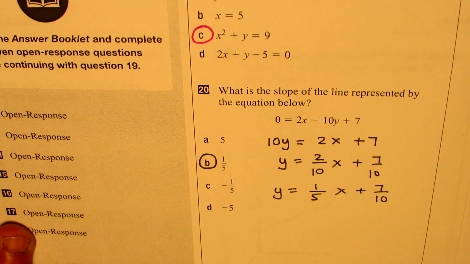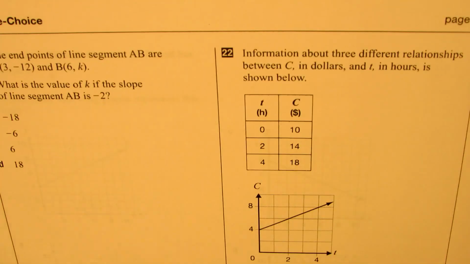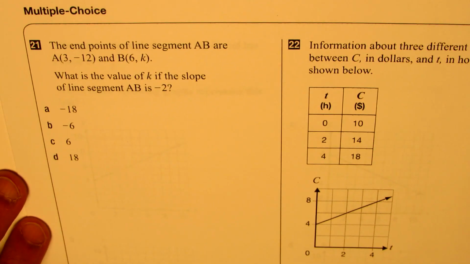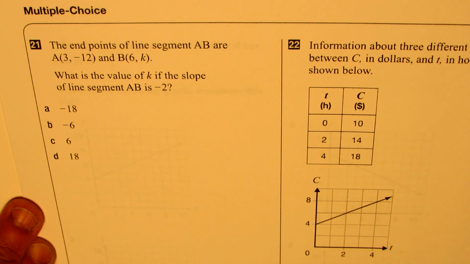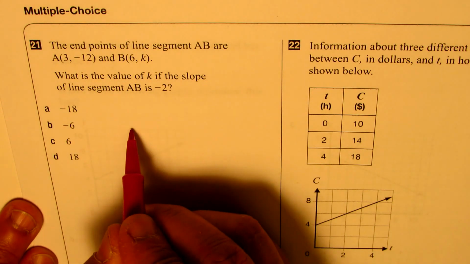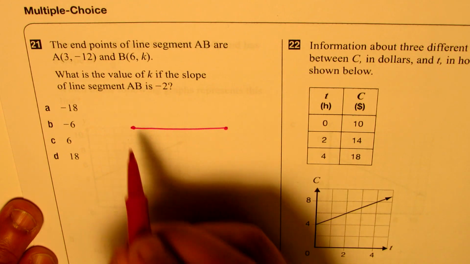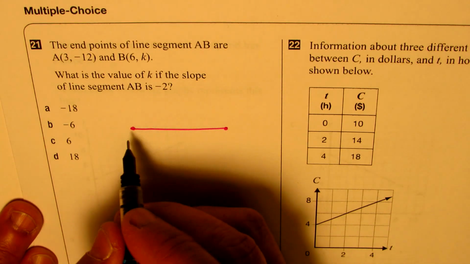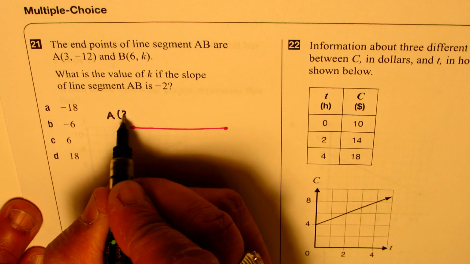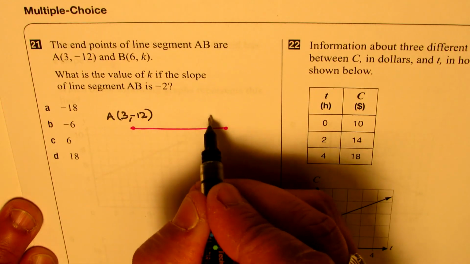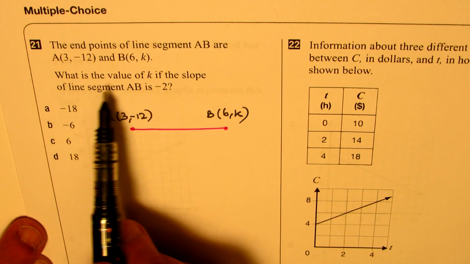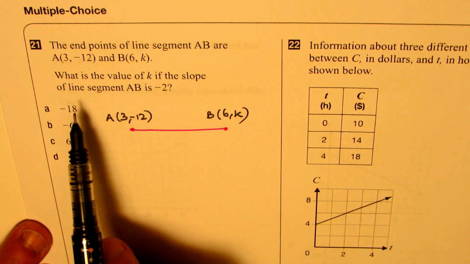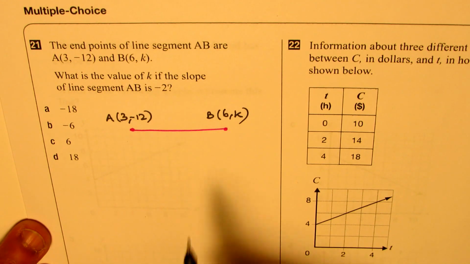Now let's take the next question, question number 21. The endpoints of a line segment AB are, let's say this is the line segment, A, which is (3, minus 12), and B, which is (6, k). What is the value of k if the slope of the line segment is minus 2?